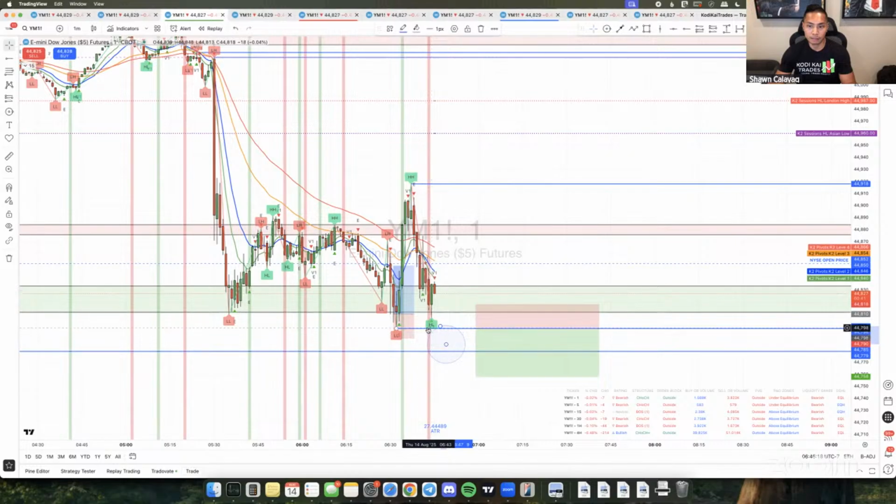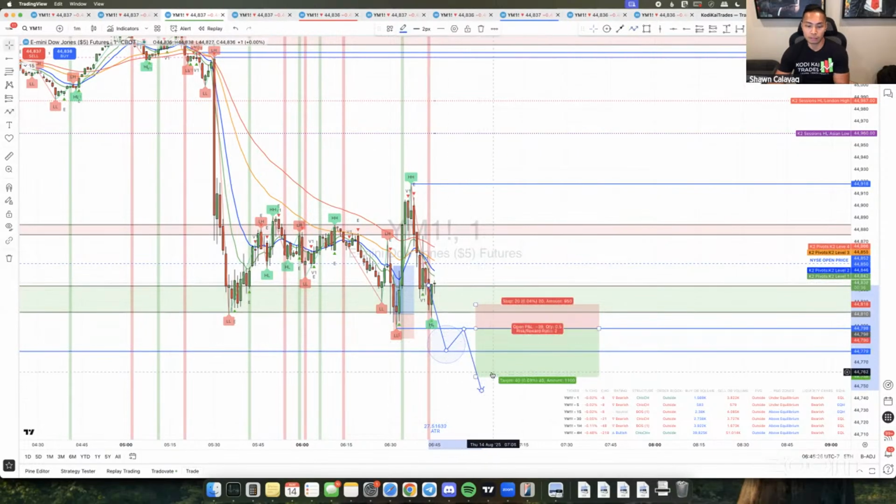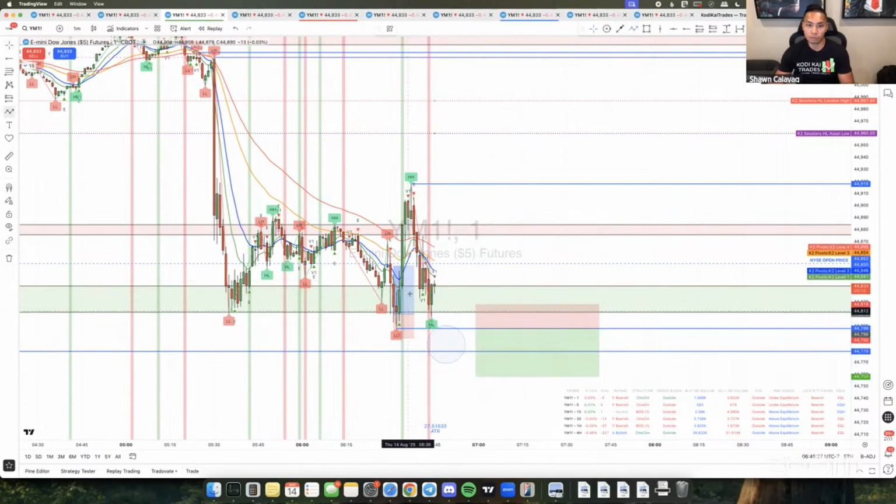If price does come down to this level at 44,798, we might have price break below and retest and continue lower, or this might be the case where price comes down, fakes out, and pulls back into the range. We got two different scenarios there. Price is either going to fake out or it's going to come down lower. So we'll see what happens here. Again, we don't have much direction. Price is still going back and forth.